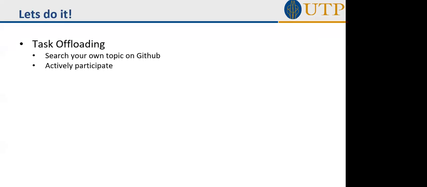So now we come towards an activity where all of you will be doing some research, and we will try to do open source research in this regard. In doing this activity, I will search the topic of my interest from GitHub and Google Scholar also, and we will compare the results. And you will have to do the same.